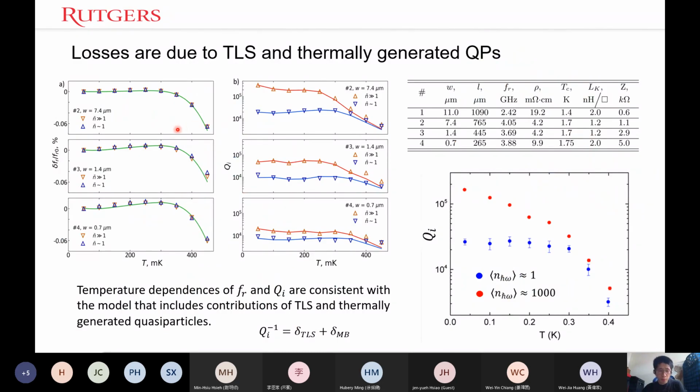So what we did is we considered the two-level system losses at low temperature and the thermally generated quasi-particle as the other source of losses.